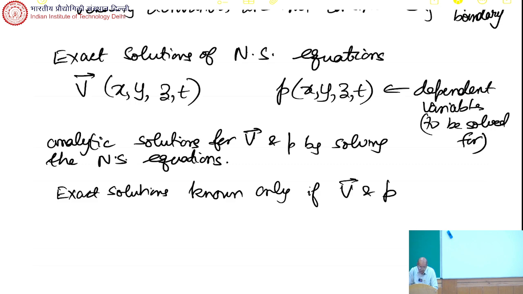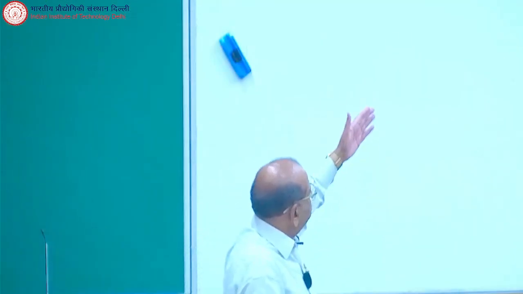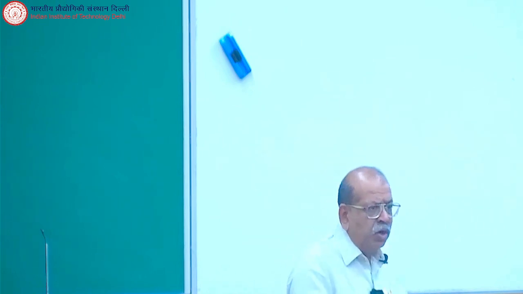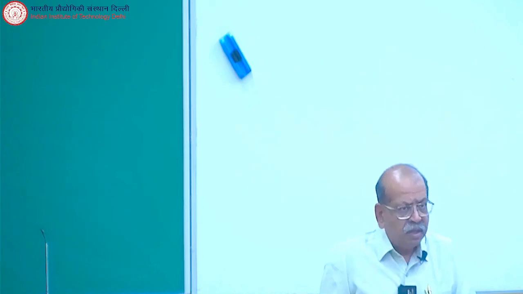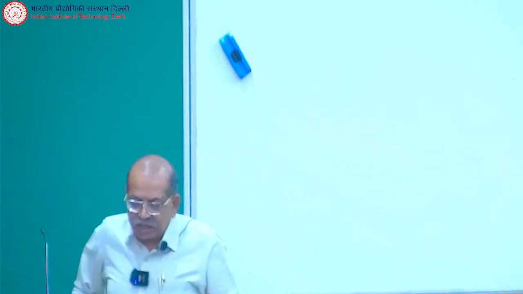V and P depend on at most... we have 4 independent variables. If velocity and pressure depend on at most 2 of them, then only in some cases, not all cases, you can find these exact solutions.